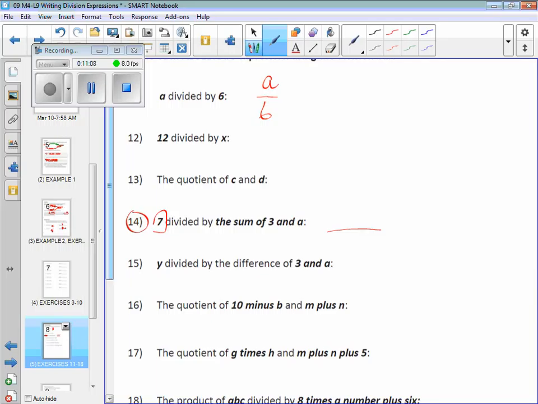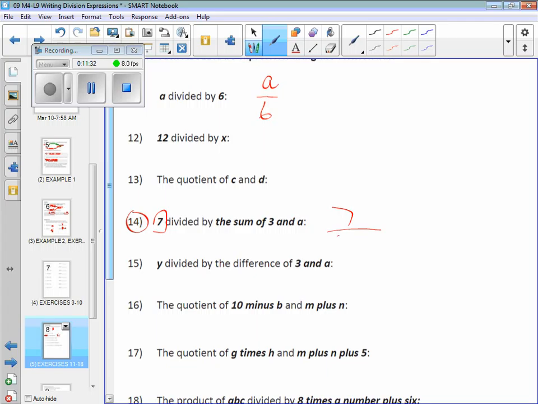Good, put it in. Now, look, every time you see the word divided by, that's my division bar. Now, I just look at, make believe this is all by itself, the sum of 3 and A. Right, we know it's sum, it's add, 3 plus A, and that goes where? To the bottom.